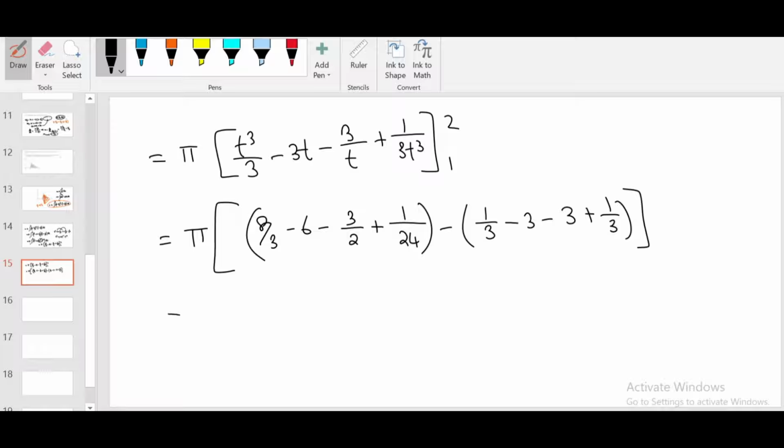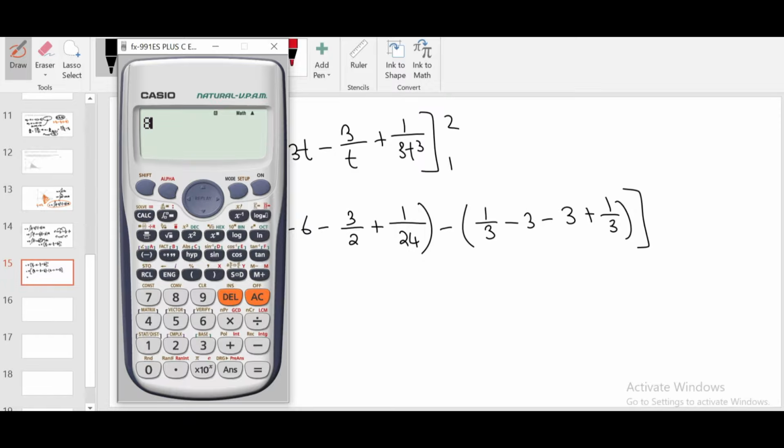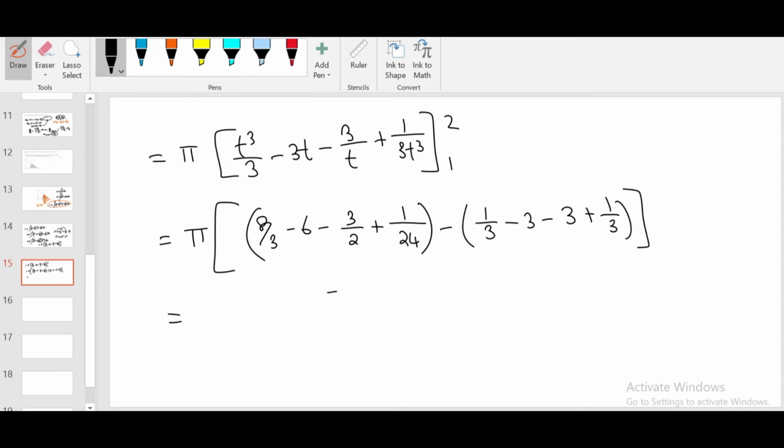Let's calculate this first. 8 over 3 minus 6 minus 3 over 2 plus 1 over 24, minus 115 over 24.